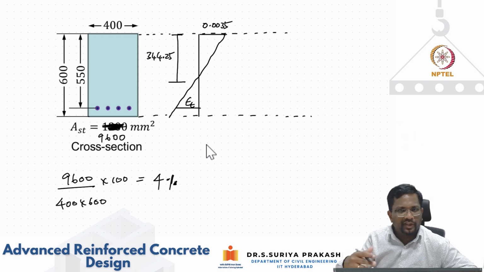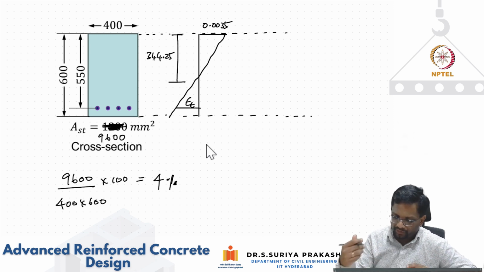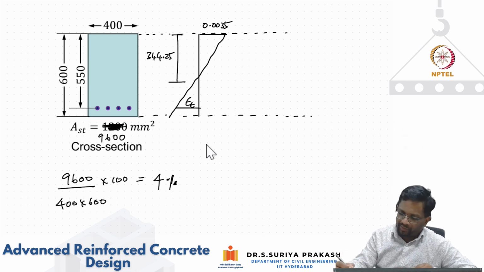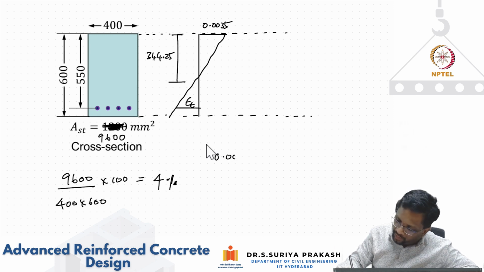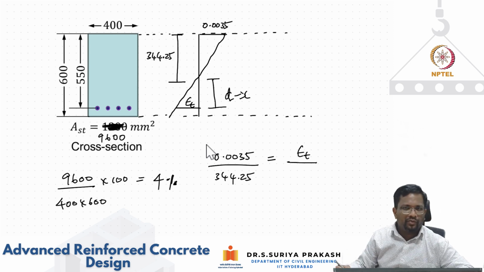So I'm assuming this xu. Of course, I have to make sure that for this xu, compression force is equal to tension force. Once I have my xu, I can calculate my epsilon t. From linear strain distribution, 0.0035 by 344.25 should be equal to epsilon t divided by d minus x, where x I have taken as 344.25.